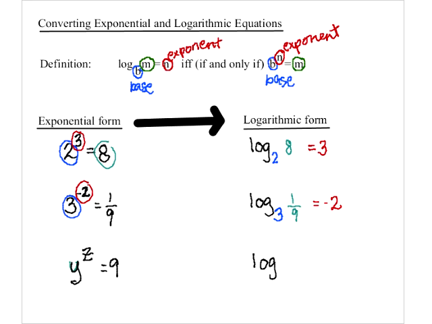So that's going to convert to log. Now once again, the base is y, so that's the base of my logarithm. The exponent is what the log equals, so it's going to equal z, and that's going to be log base y of 9 equals z. Okay, and that was actually one from the test.